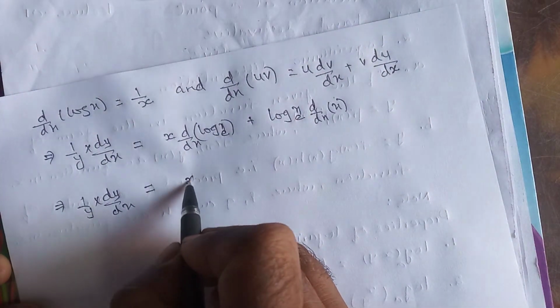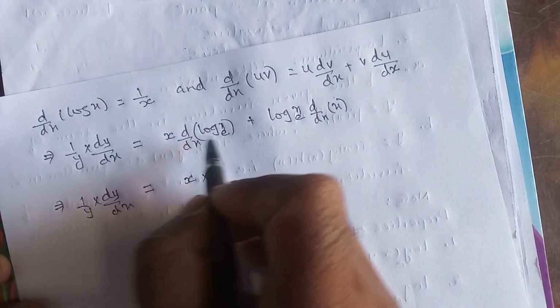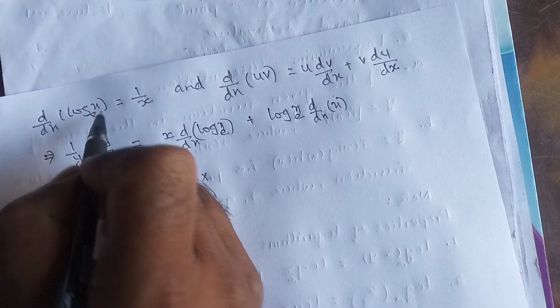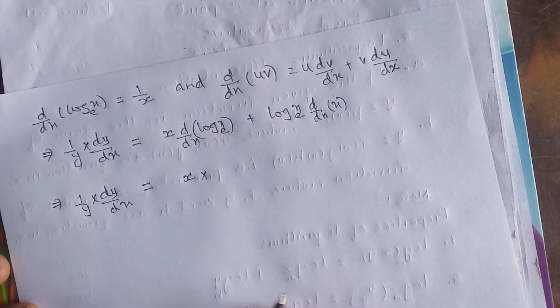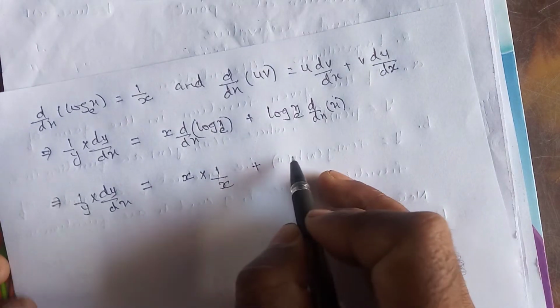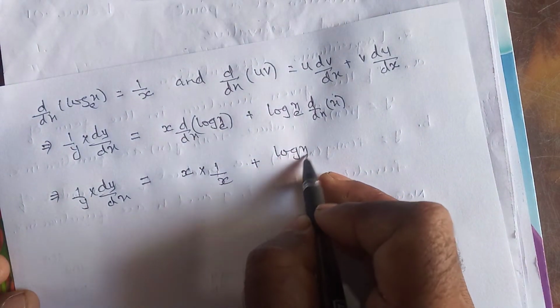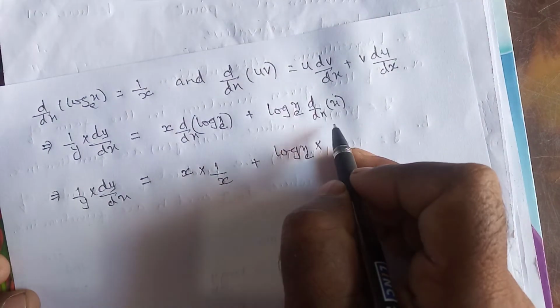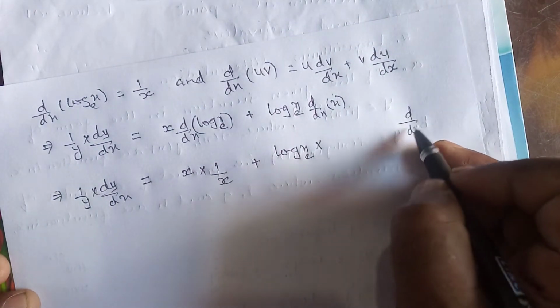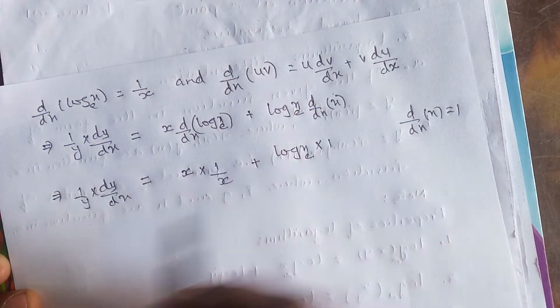Here x as it is, and we have learned the derivative of log x base e is 1 by x, so 1 by x, plus log x base e as it is, and the derivative of x is always 1, so into 1.